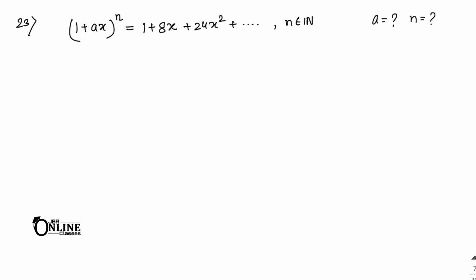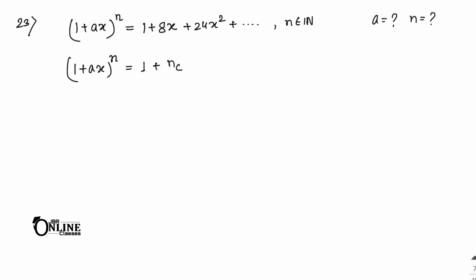Next, sum number 23. If (1 plus ax) to the power n equals 1 plus 8x plus 24x square plus dot dot dot, where n belongs to natural numbers, then find the values of a and n. According to the binomial expansion, you can write this as nC0, 1 to the power n, (ax) to the power 0, so it becomes 1.